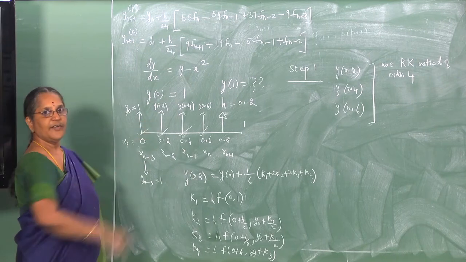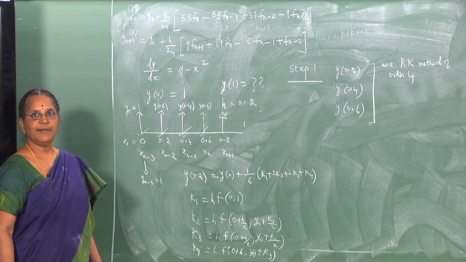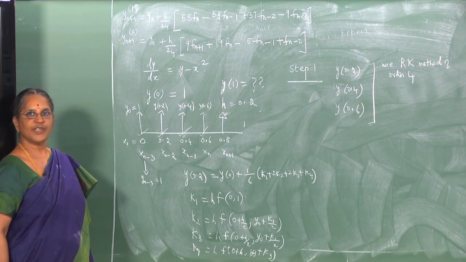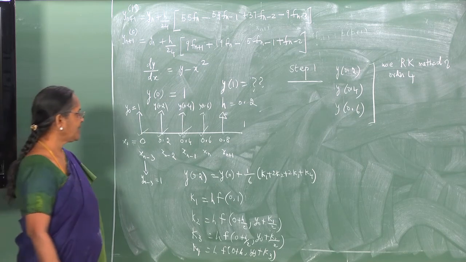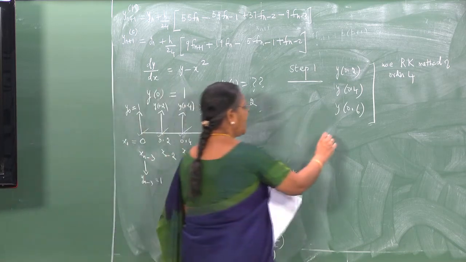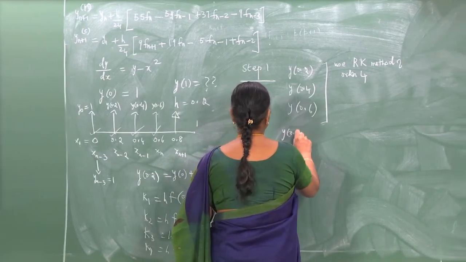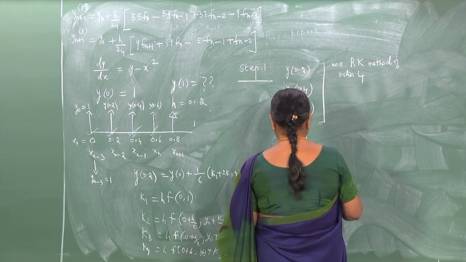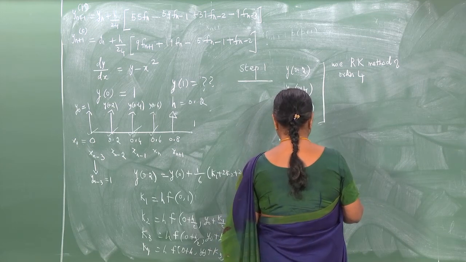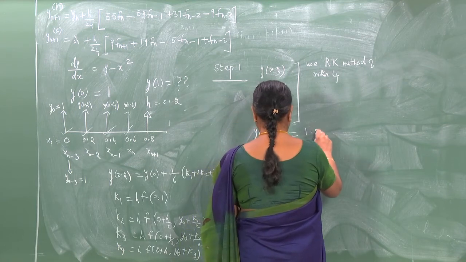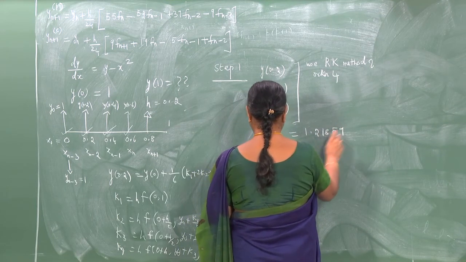I will give you the results, namely the values at these points, and then we move on with using the predictor-corrector method to obtain the solution at 0.8. So, when we do it by Runge-Kutta method, we get y at 0.2 to be 1.21859.